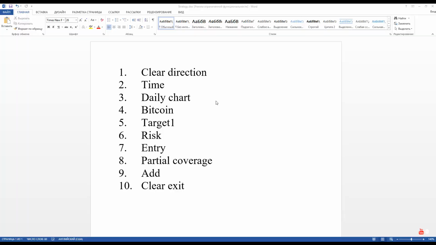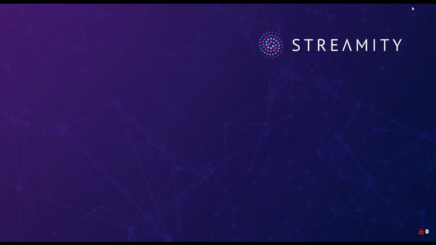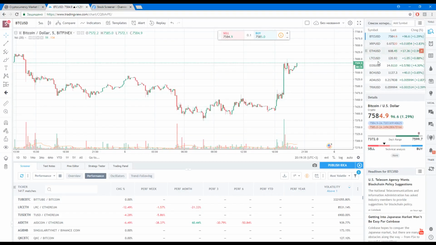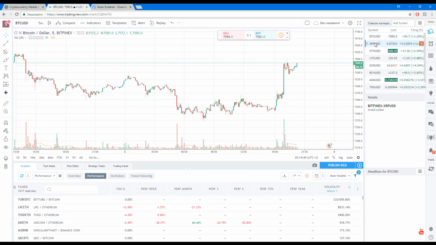In our situation in the cryptocurrency market, BTC is a very important factor, and when you trade stocks like, I don't know, Ripple, Litecoin, not EOS at the moment, you can see the main dominant cryptocurrency is BTC. So let's look at a situation like XRP.